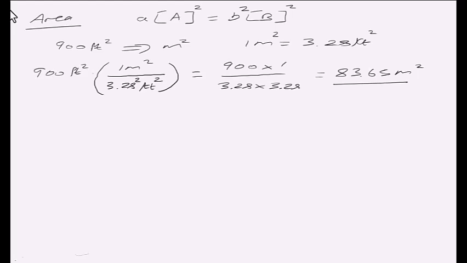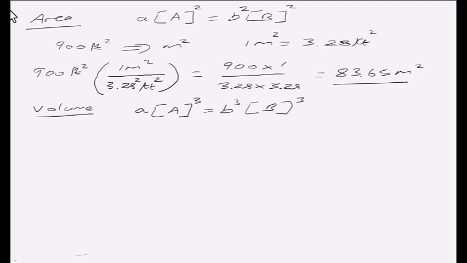What about volume? So we're going up in dimensions of length again. Well, now we have original input value A in units of A cubed, conversion factor cubed, new units B cubed.